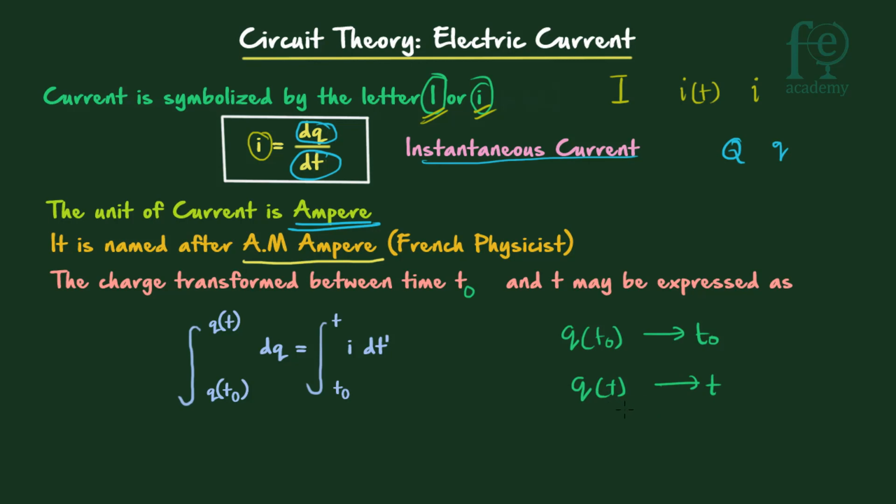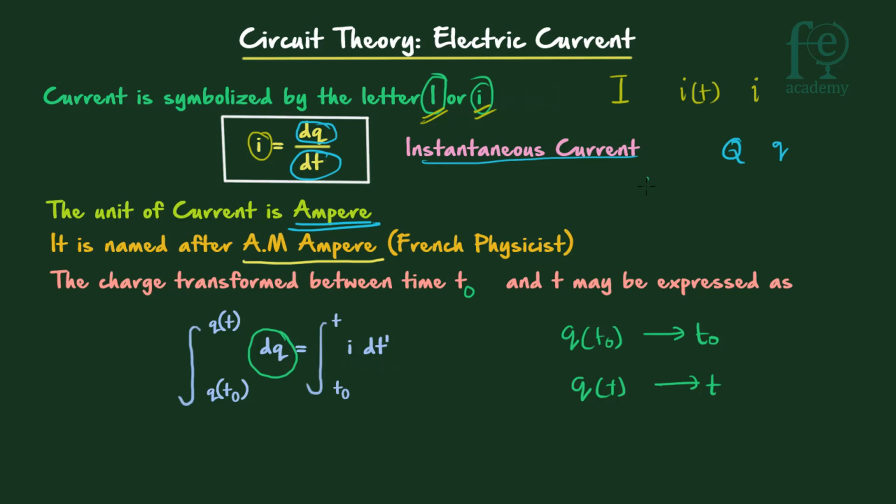So what is the difference in charges? That is dq, which can be considered as a small increment in the charge from time t0 to t. So the charge transferred between time t0 and t can be expressed as the integral from t0 to t of I dt', that is the integral of the instantaneous current.